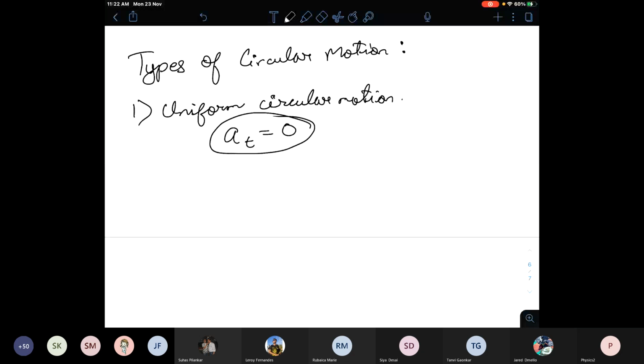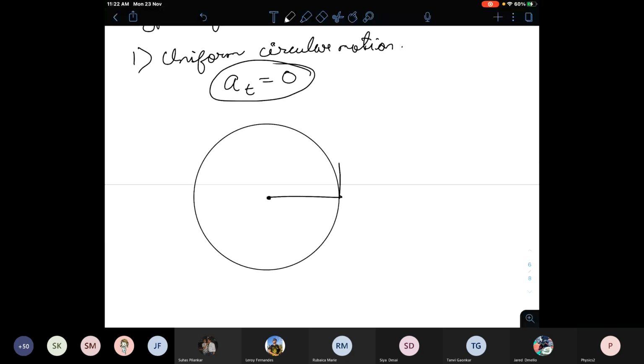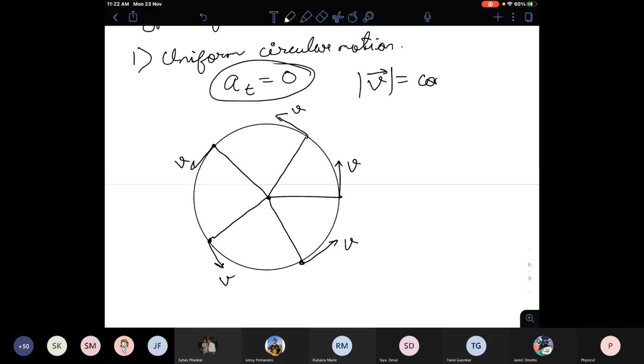If A tangential is zero, then it is a uniform circular motion, that at any point, if you calculate the velocity, the magnitude of the velocity will be the same irrespective of the position and direction of the motion. You can write the velocity's magnitude is constant in uniform circular motion.